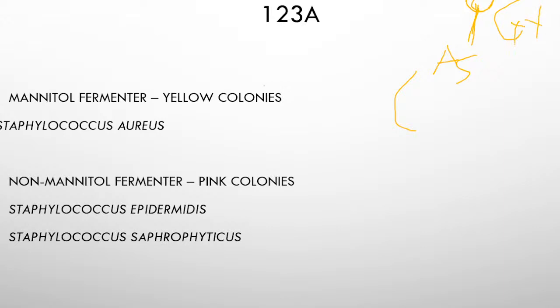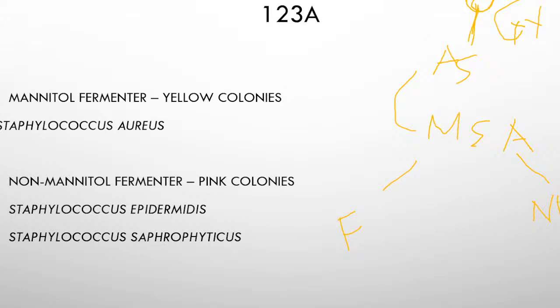So you plant it on mannitol salt agar or MSA. MSA yields two things, mannitol fermenter and mannitol non-fermenter. This is how we usually do it before when I was working in the Philippines.